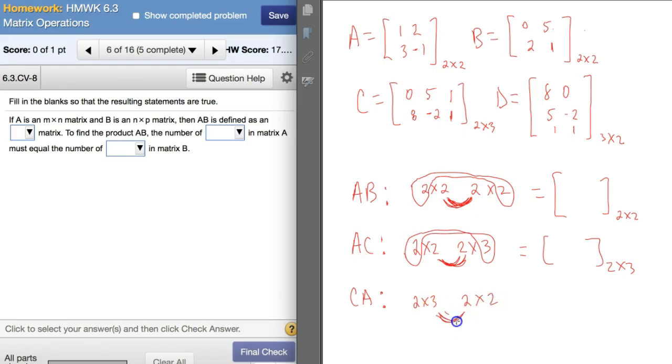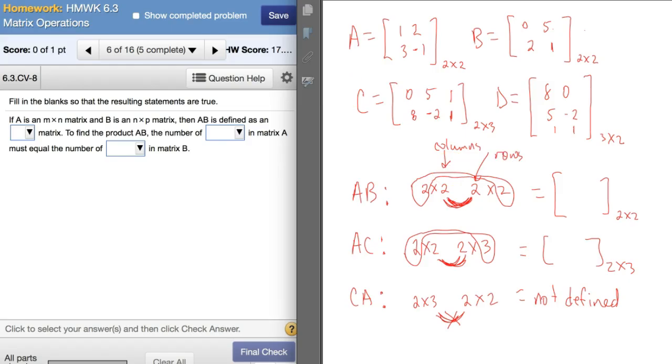The inner dimensions here don't match, so I can't multiply this together. By definition, for matrices, that is undefined. Here you see what has to be the same: the second number represents the columns, so the number of columns here has to be the same as the number of rows.